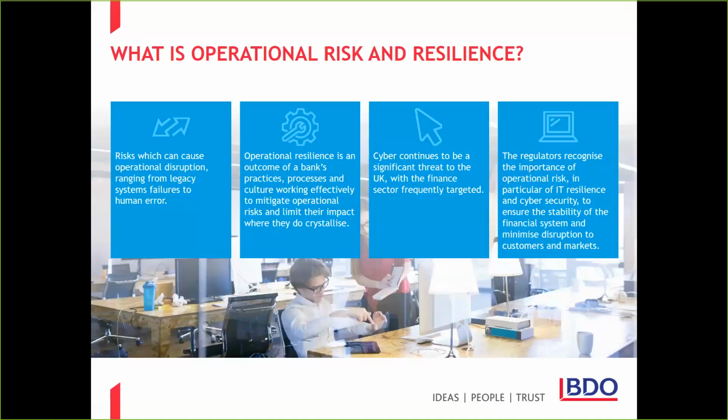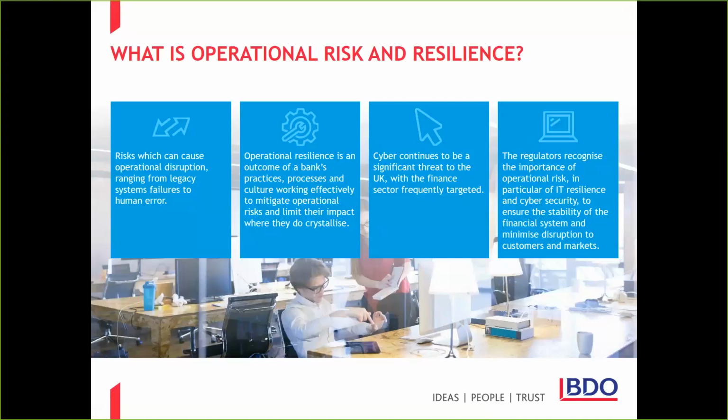Things like hacking, distributed denial of service attacks, and so on, frauds, etc., through technology. So the regulators are very keen on firms having the appropriate mitigants and workarounds to combat cyber threats.